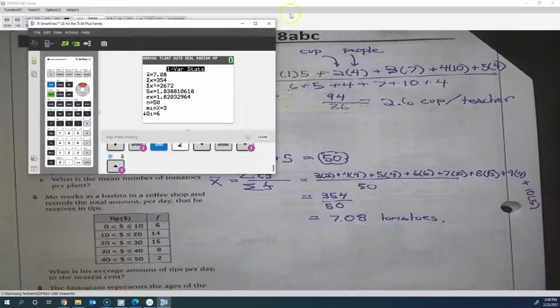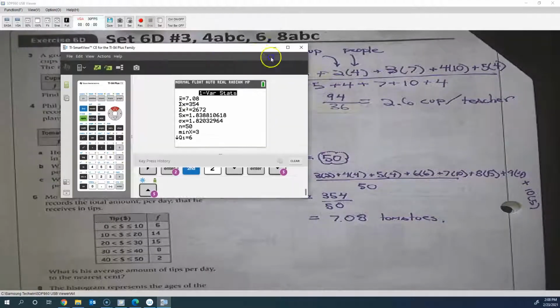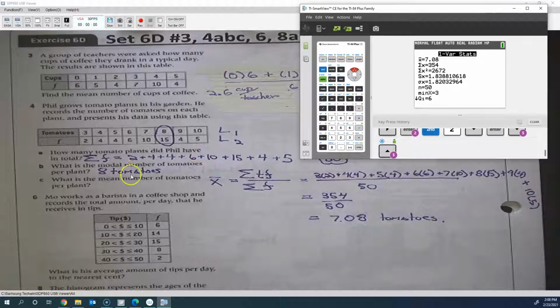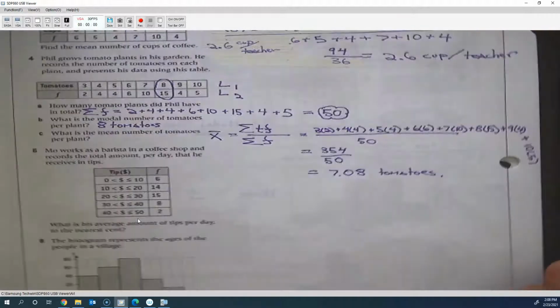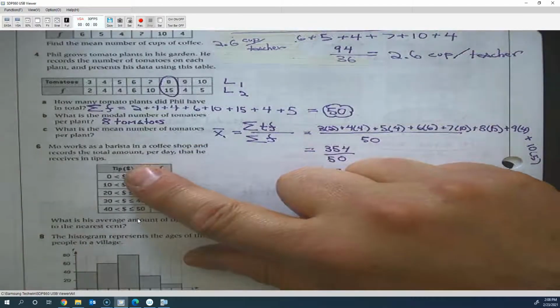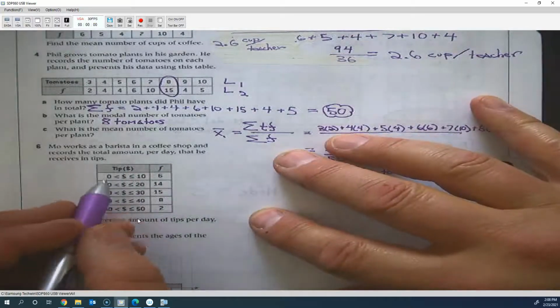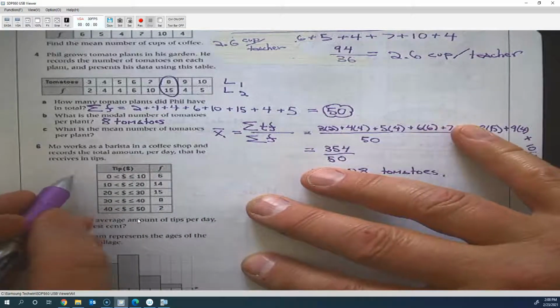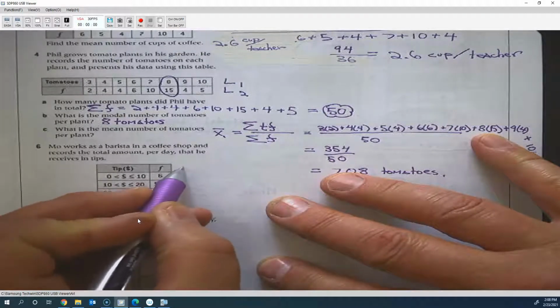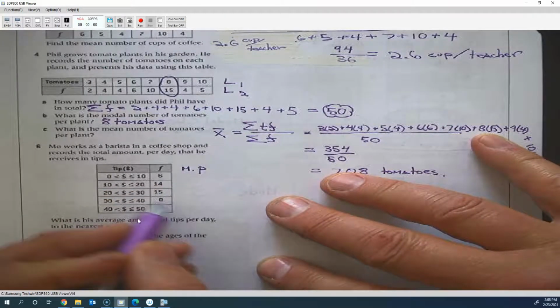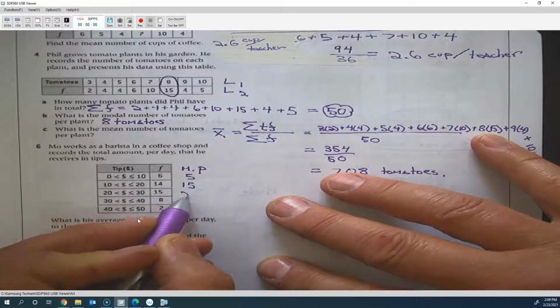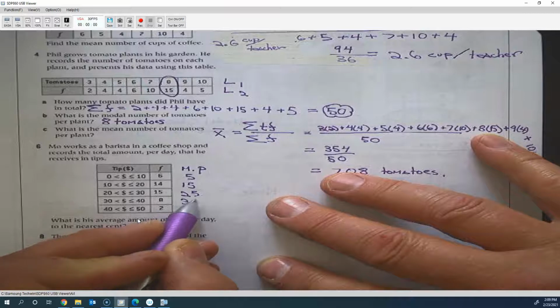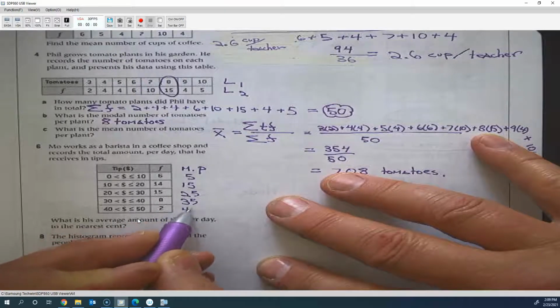Okay, so let's say you were going to do an interval chart on your calculator. So if I was going to do number 6, okay, 6 is an interval chart, so I know on intervals I'm going to use the midpoint. So my midpoints are going to be 5, 15, 25, 35, and 45.